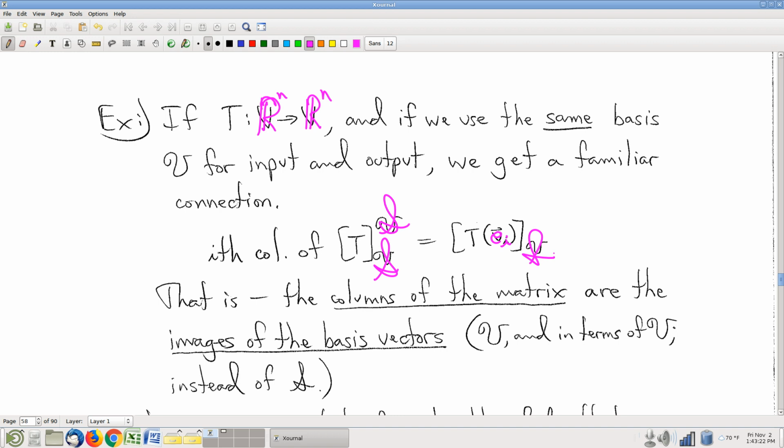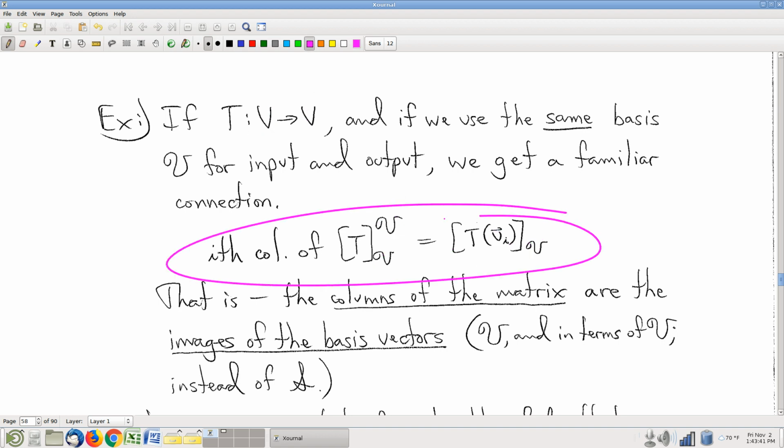And you get that the columns are images of the standard basis vectors, written, of course, in the language of the standard basis. That goes unsaid, the default assumption. So this more general fact is a generalization of that very first thing that we wrote down last week.